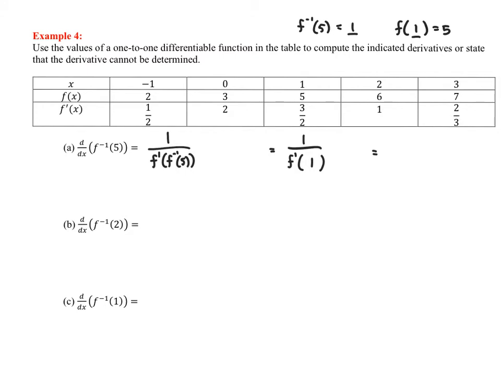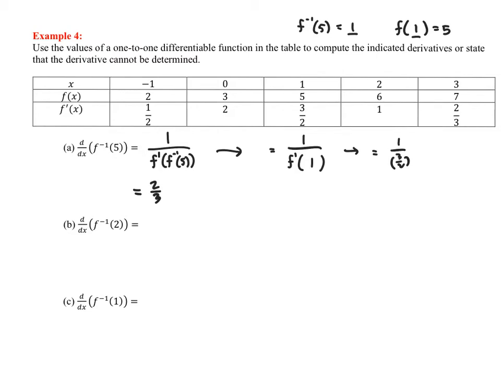F prime at 1 looks to be 3/2, so the derivative or the slope of the tangent line to the inverse function at x equals 5 will be 1 over 3/2, which ends up equaling 2/3. Okay, so this we develop along the way using that general form of the derivative of an inverse.